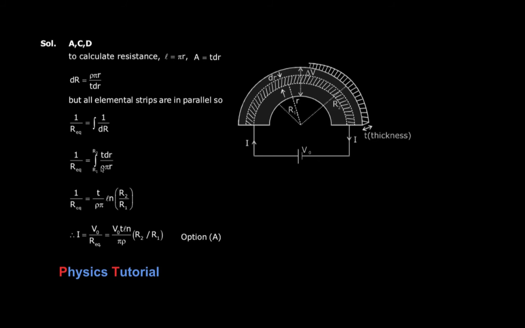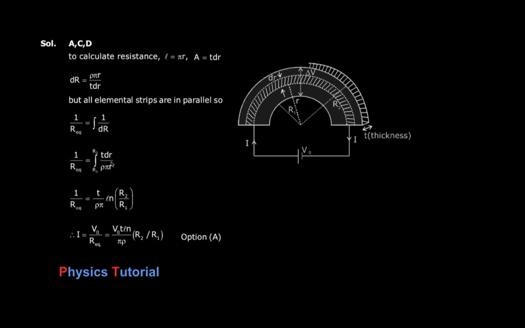As you know, R is equal to rho L by A, where L is the length and A is the area. Instead of length we have written pi r, the periphery of this semicircle. So half of the circumference we have considered, that is length pi r.